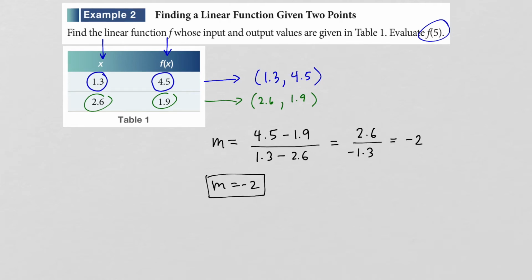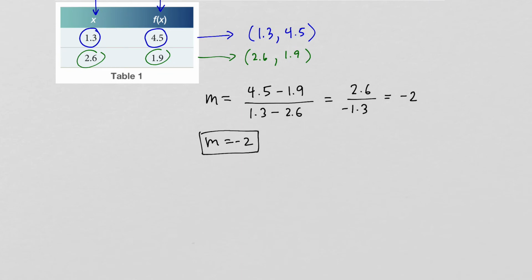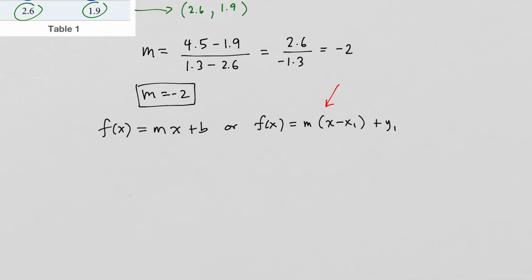Now we also know that the equation for this function is f of x is equal to mx plus b, or f of x is equal to m times x minus x1 plus y1. And I'll choose to use the second equation here to find the equation of this line.